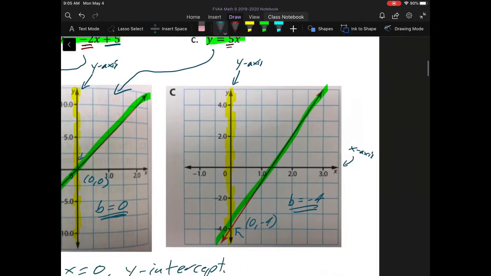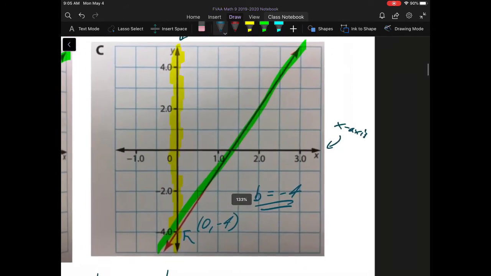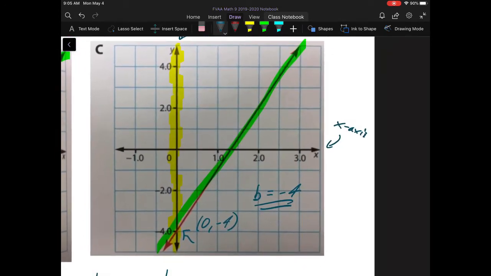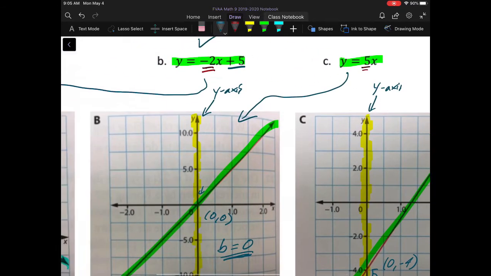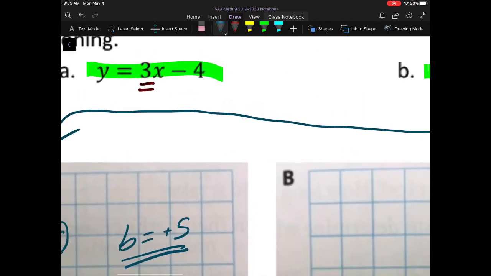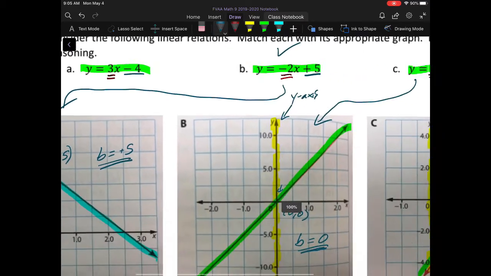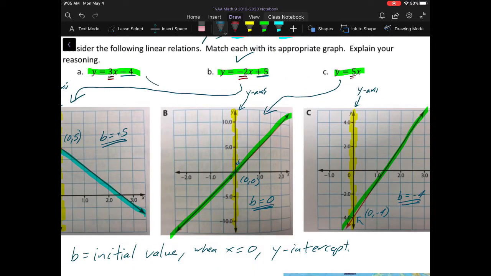And for our last graph, C, we have a b value of negative 4, which matches our equation A of negative 4. So A, follow the line, would be that graph there.